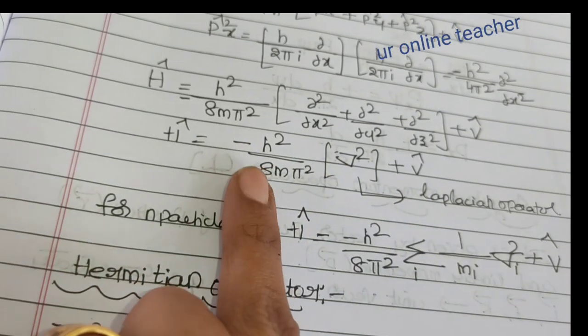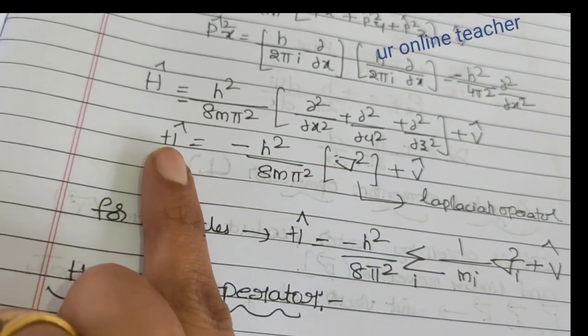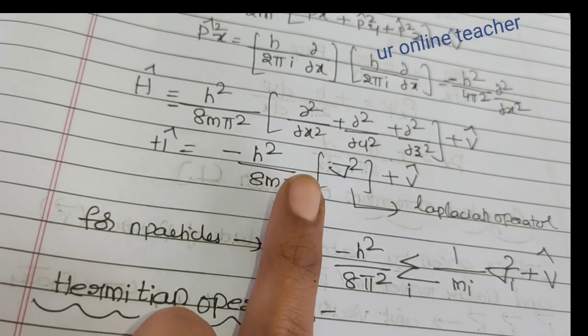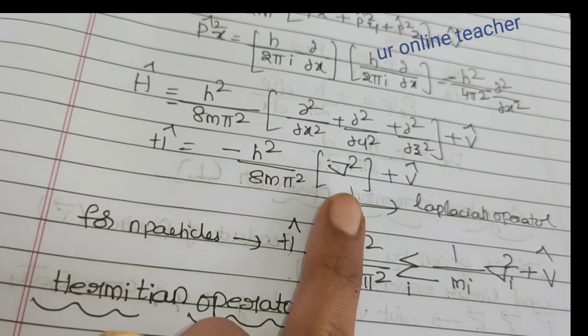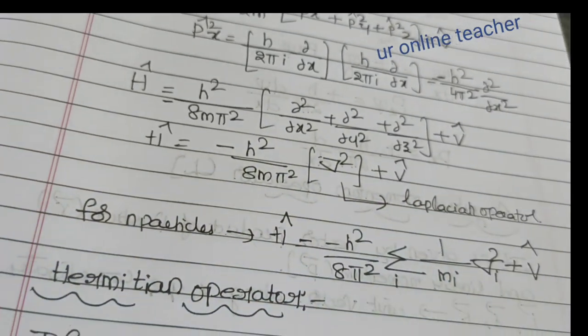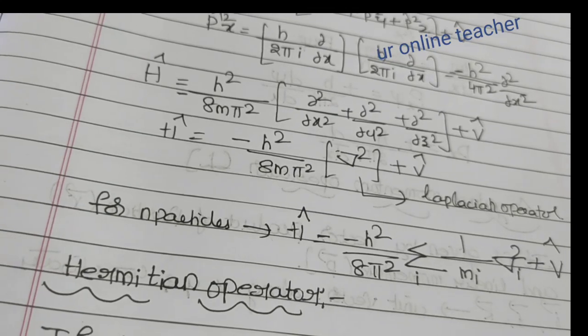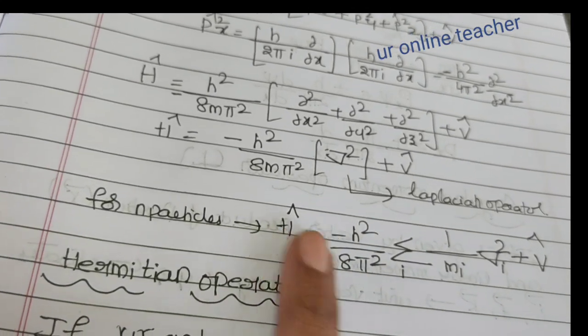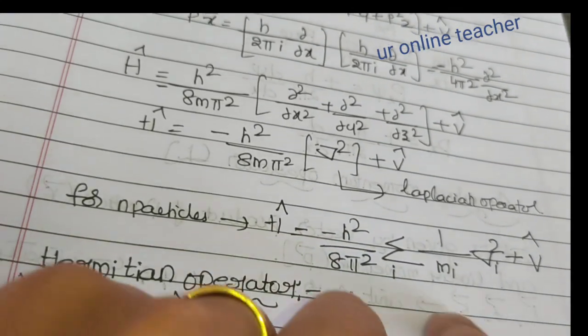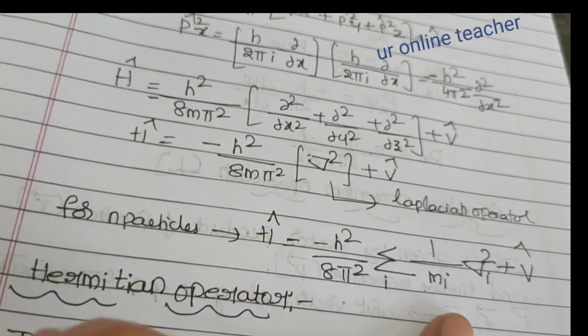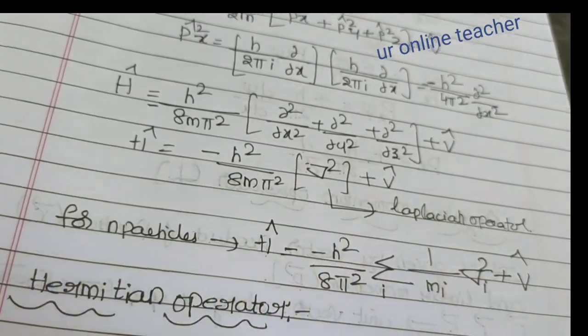So here we can represent H cap is equal to minus h square by 8 pi square m delta square plus V. For many particles we can write H cap is equal to minus h square by 8 pi square sigma 1 by m_i delta square plus V cap.